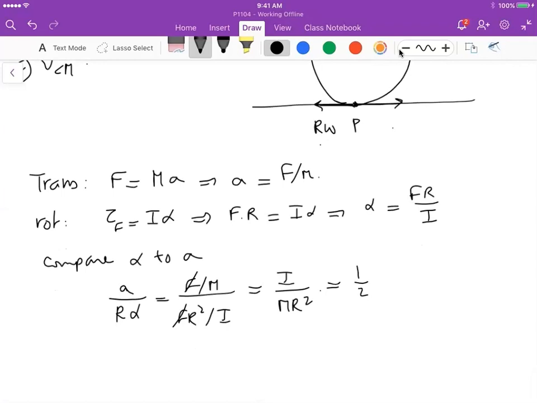So we end up with half MR squared على MR squared، هيك بيطلع معنا 1 over 2. شو معناتها هيدا الشيء؟ معناتها ان A acceleration coming from translation is equal to 1 over 2 times R alpha.